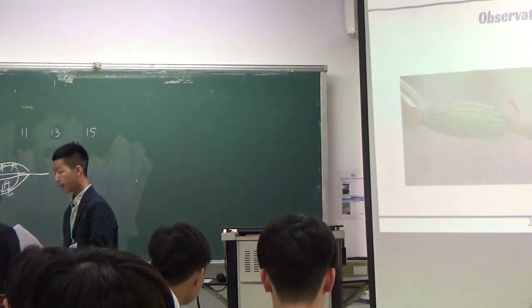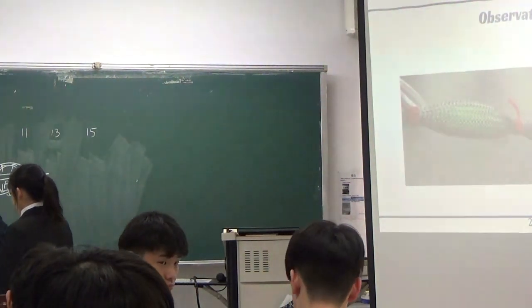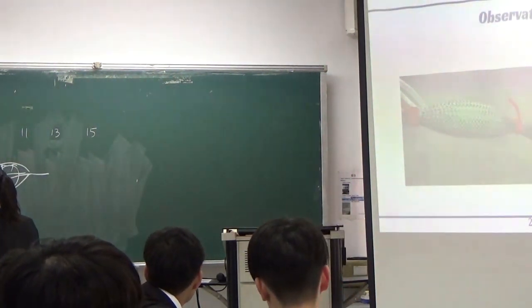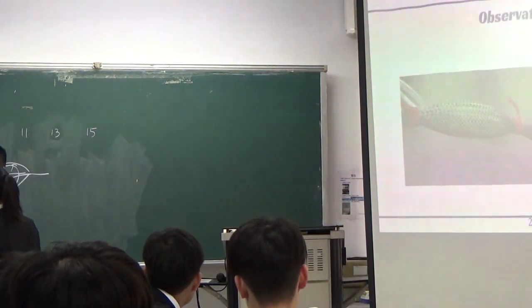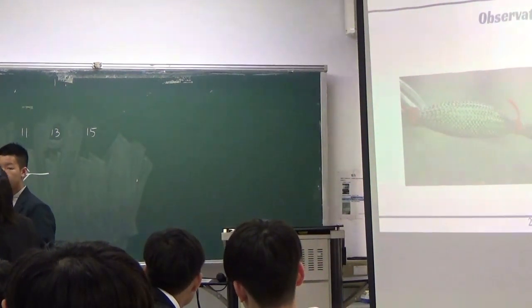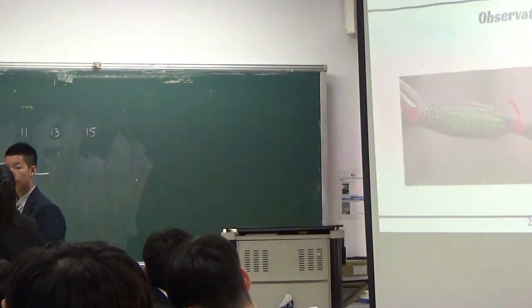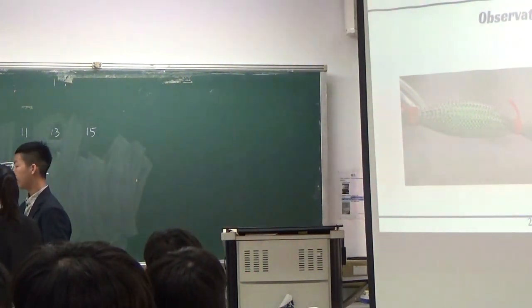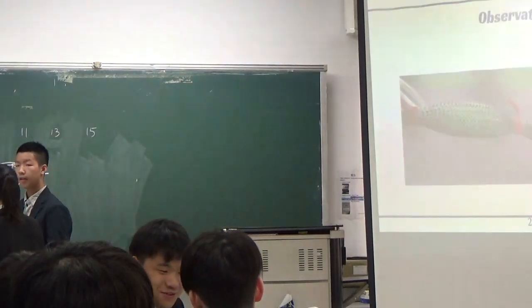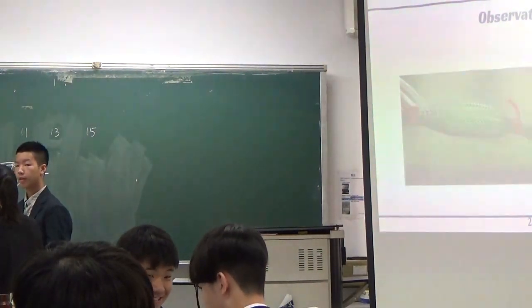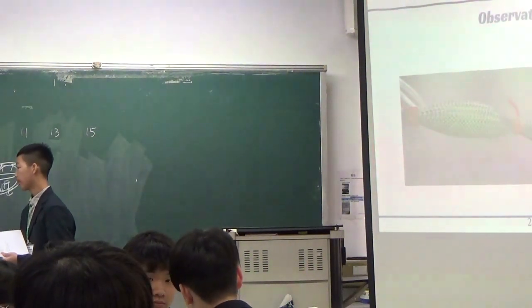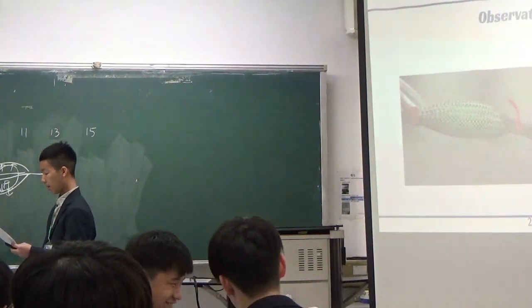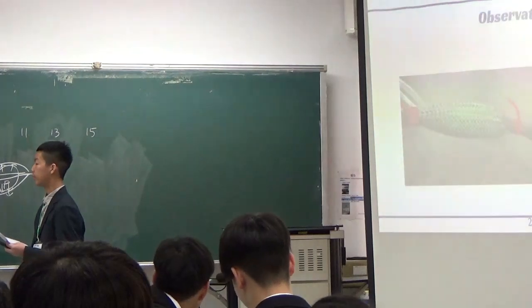Okay, thank you. Next, this is the chart of volume and the force of the muscle. Can you draw the relationship between these two? In what condition? Like, when you inflate the balloon?